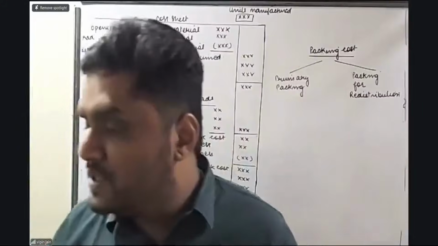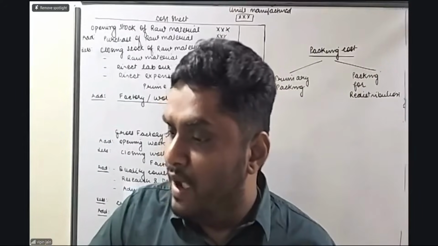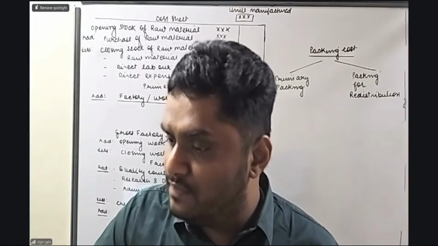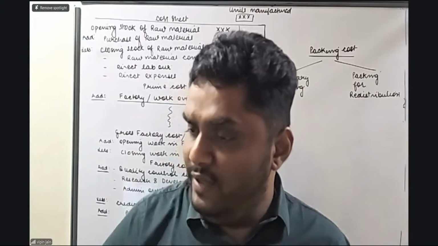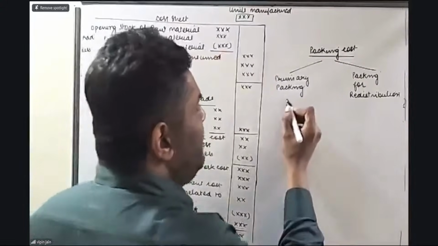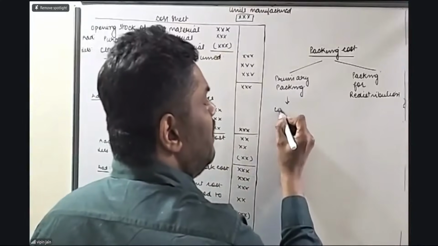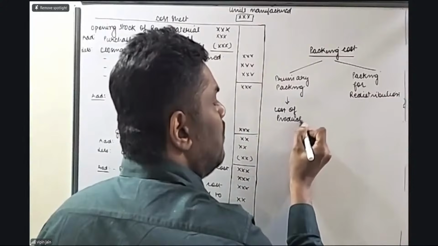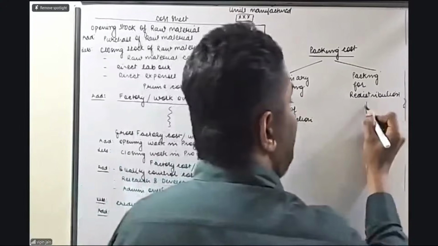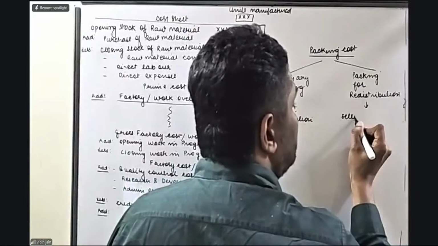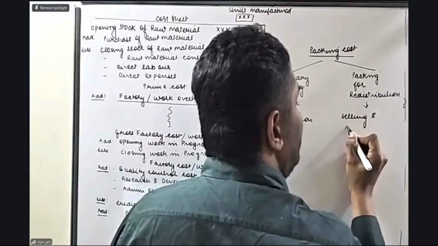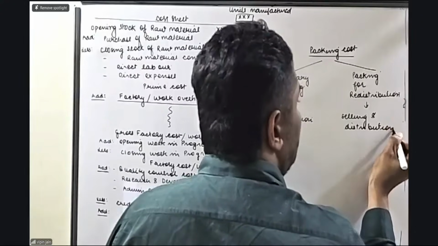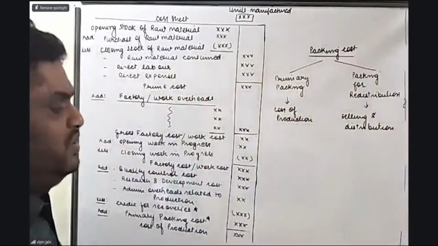Very good. Chips cover, toothpaste tube, hing in the box or masala in the box. Very good, everyone. So primary packing cost will go under cost of production, and packing for redistribution will go under selling and distribution. I request you guys to copy this explanation, please.